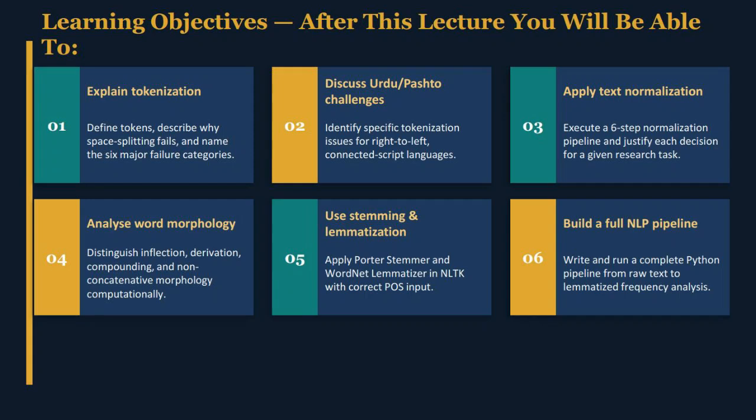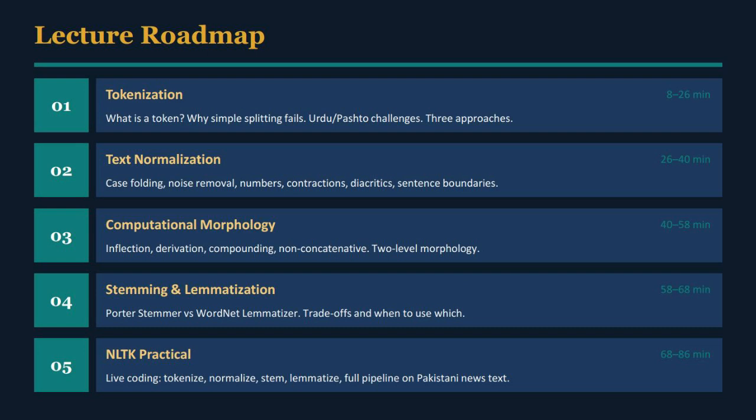This lecture has 5 parts. Part 1 covers tokenization, the process of dividing text into individual units. Part 2 covers text normalization, the cleaning and standardization of text before analysis. Part 3 covers morphology, the structure of words and how computers process it.